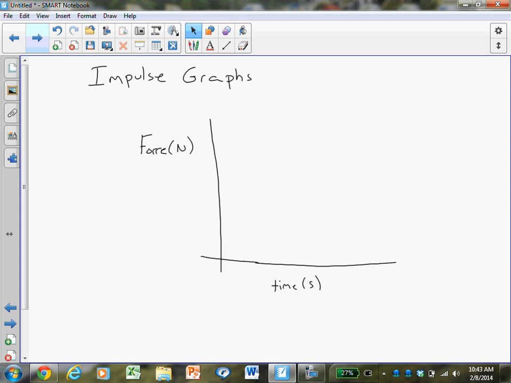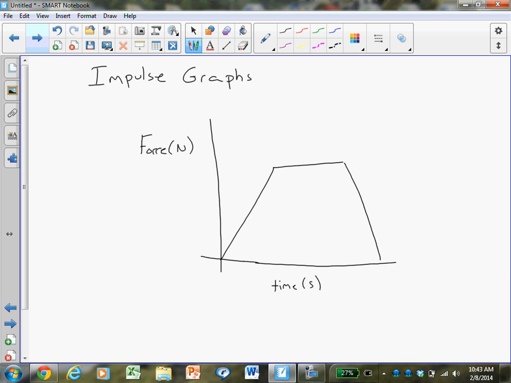So if we plot up, for example, something like this, force exerted over time, we can see that the area under the curve, the area under the graph between the time axis and the lines, is equal to force times time, or it's equal to our impulse.